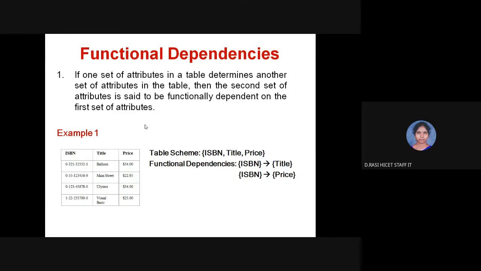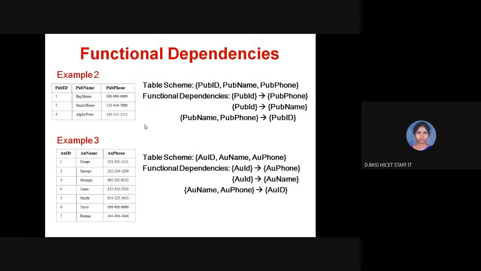For example, we'll have a schema like ISBN, title, and price. Here, as for dependency, definitely if I know the ISBN, I can get the title. And once I know your ISBN, I am able to get the price, right? So these are two functional dependencies, like the most dependent ones. Which particular value depends on what, based on that dependency we are going to take it. That is the tabulation. Okay. So this is how we'll have your example.